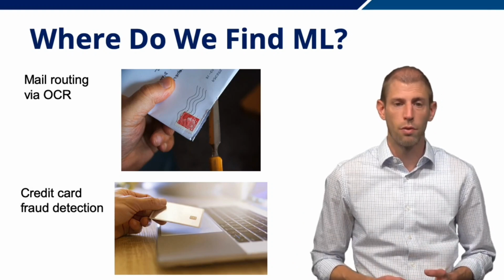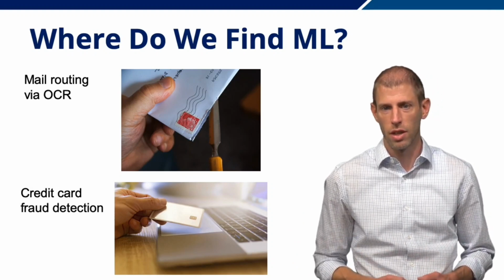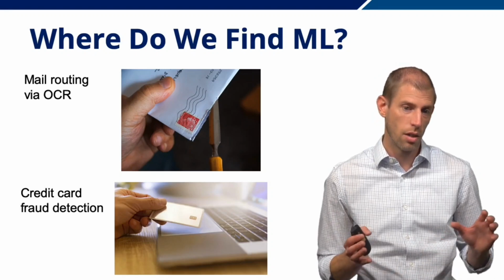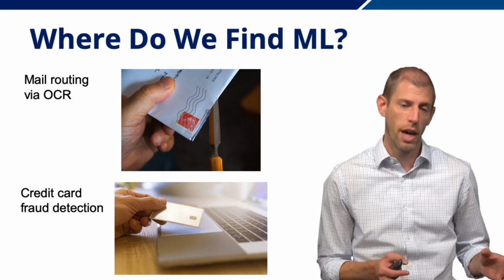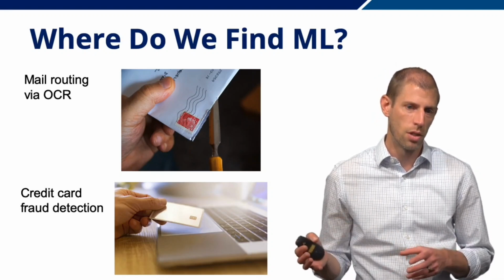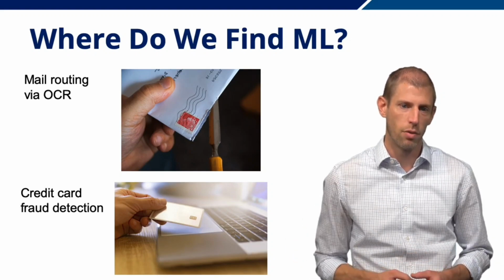Finally, things like credit card fraud detection are driven by machine learning algorithms, identifying and distinguishing between normal patterns of spending versus when there's a likely chance of credit card fraud.